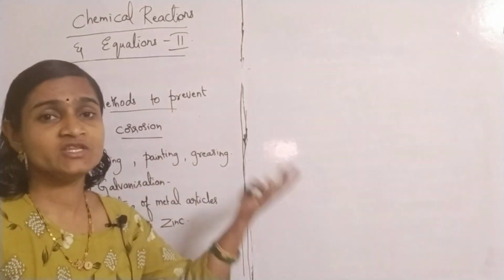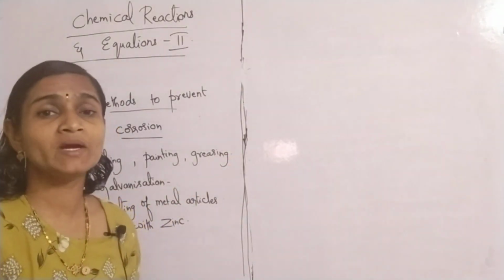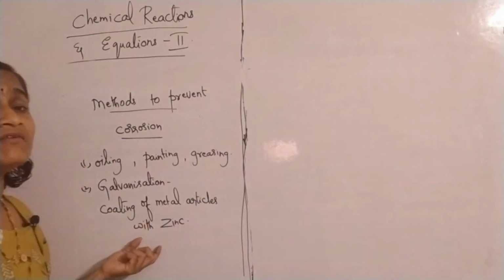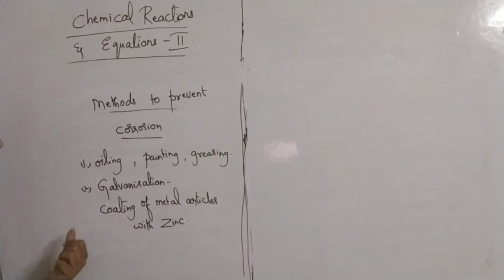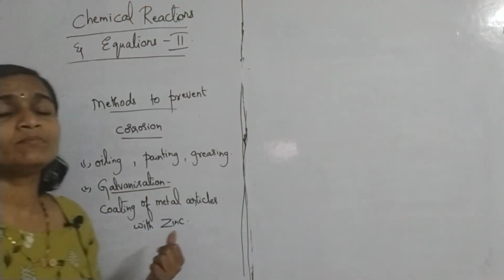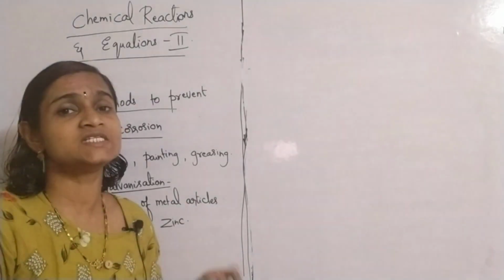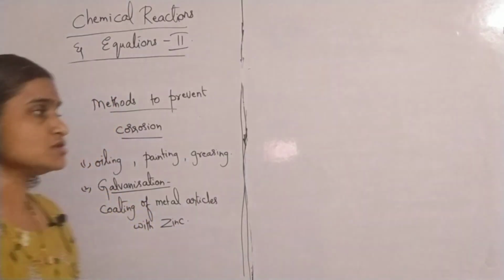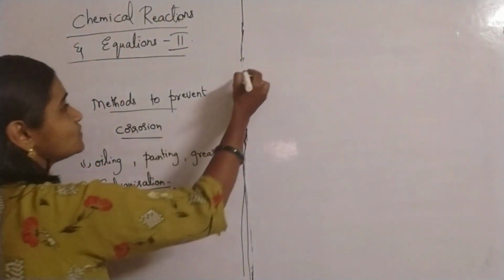Godavari bridge, railway bridges, they are coated with zinc, and that process you call galvanization. By coating any metallic substance with zinc, it avoids corrosion. So galvanization is one method.